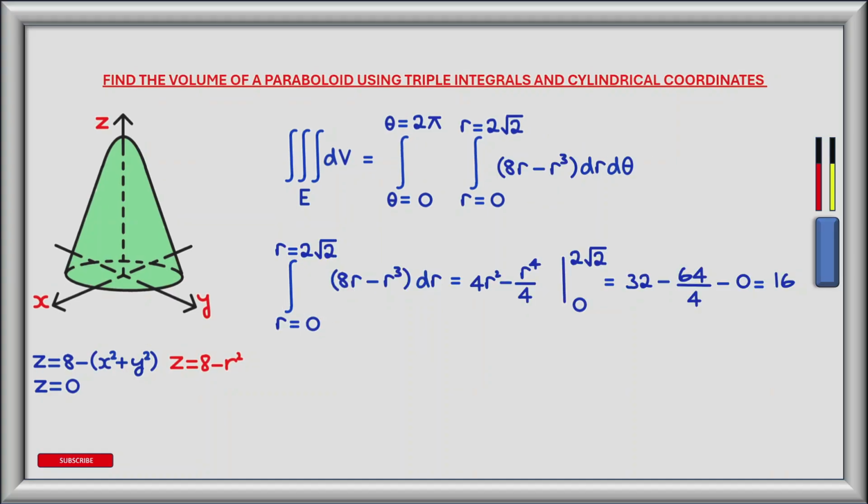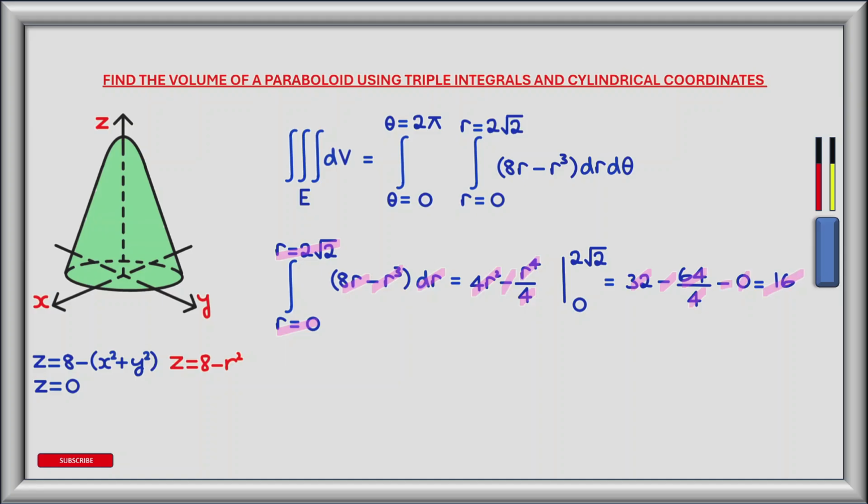For the middle integral, we want to integrate from r equals 0 to r equals 2 root 2, 8r minus r cubed dr. And using the power rule, this integral evaluates to 4r squared minus r to the power of 4 divided by 4. And plugging in the limits of integration, we have 32 minus 64 divided by 4 minus 0.